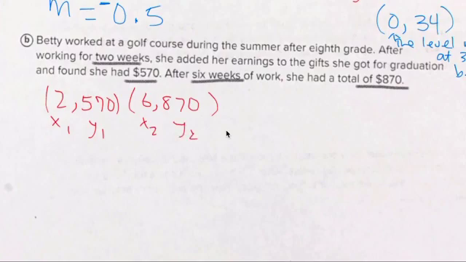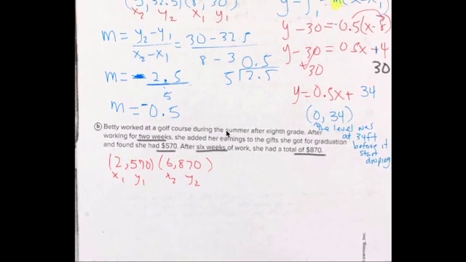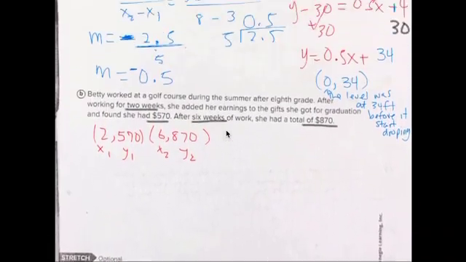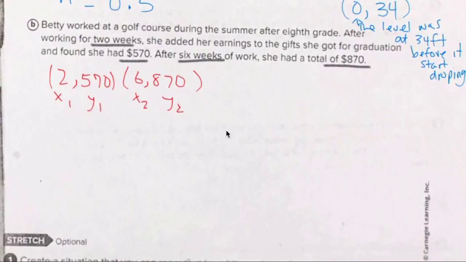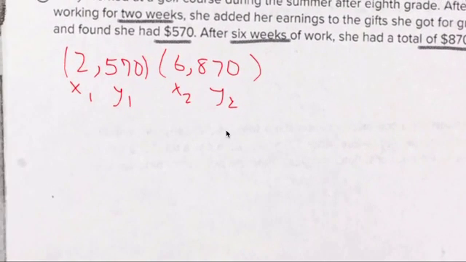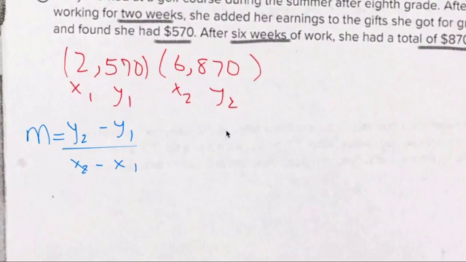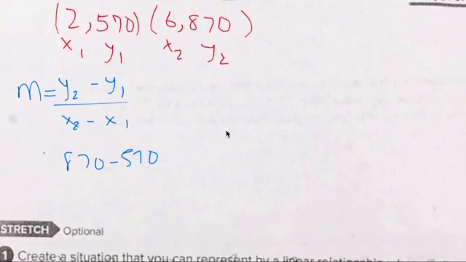X sub 1, Y sub 1, X sub 2, Y sub 2. Slope formula, okay, I wrote one formula. Second formula, I need to write the formula here. All right, my slope formula, rate of change formula, is Y sub 2 minus Y sub 1 over X sub 2 minus X sub 1. So 870 minus 570, that's 300, over 6 minus 2, which is 4. So my slope is 300 over 4. Can be reduced.